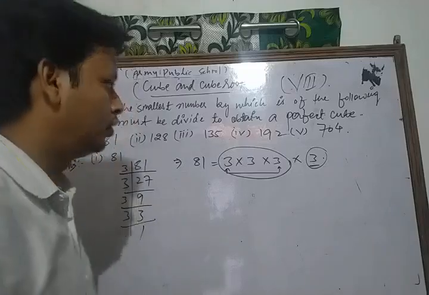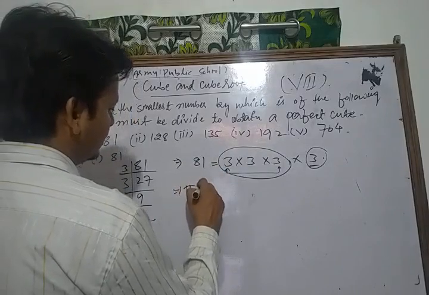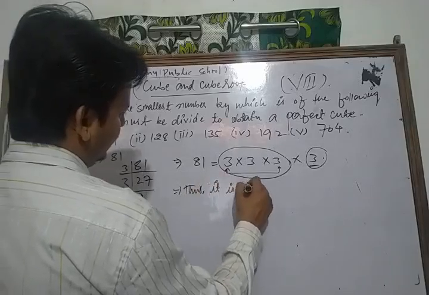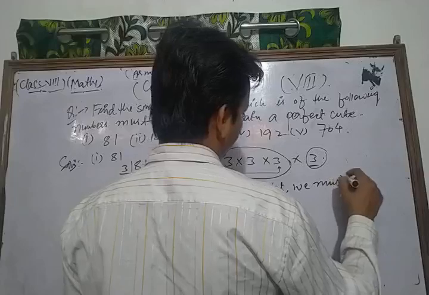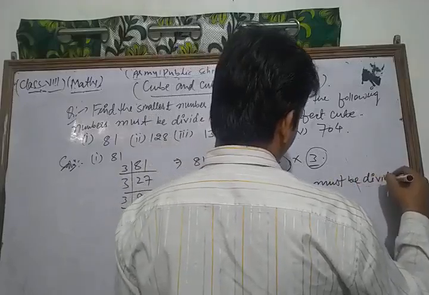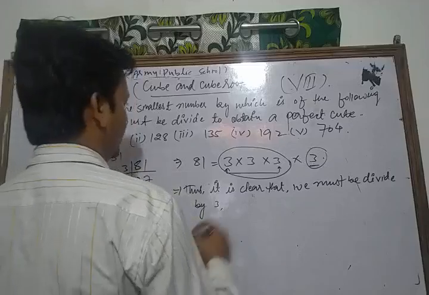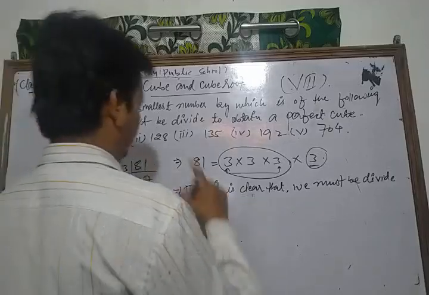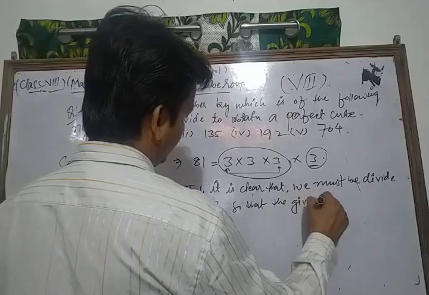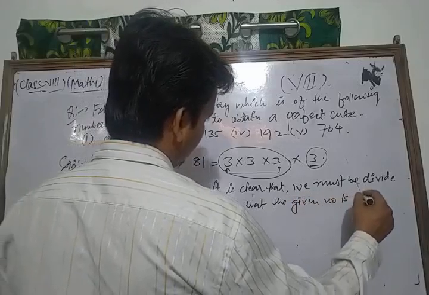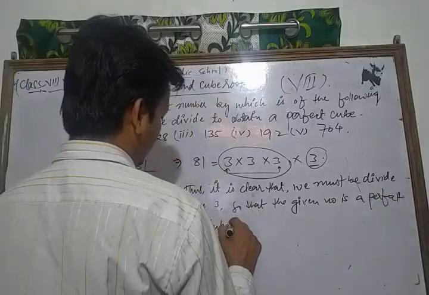So it is clear that we must divide by 3 so that the given number is a perfect cube.